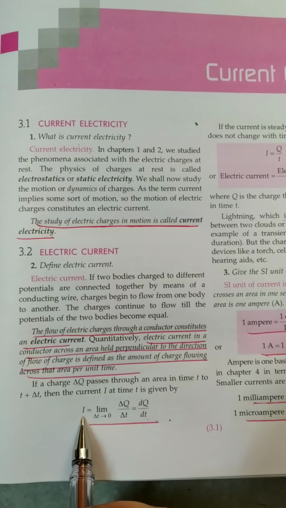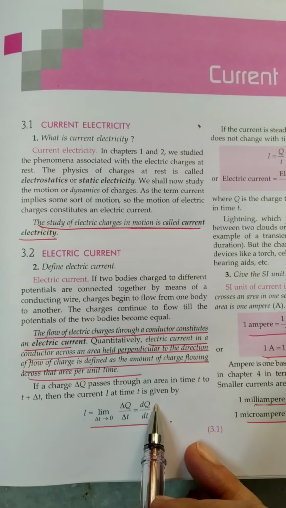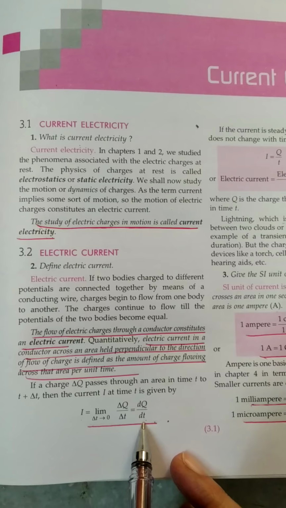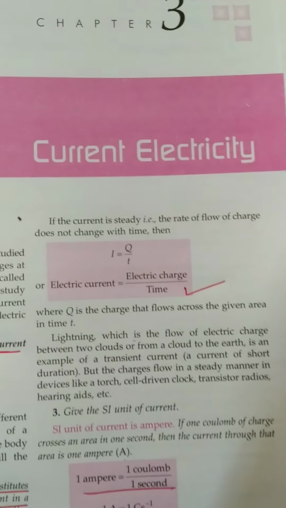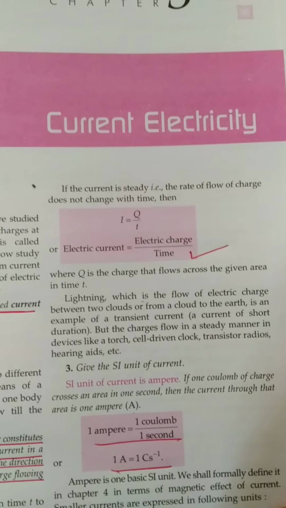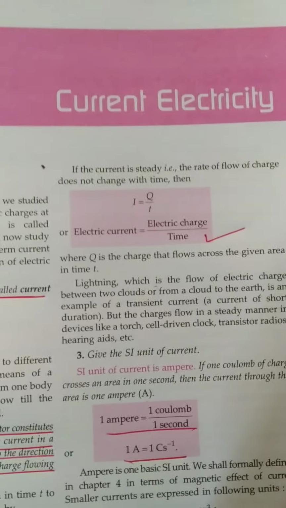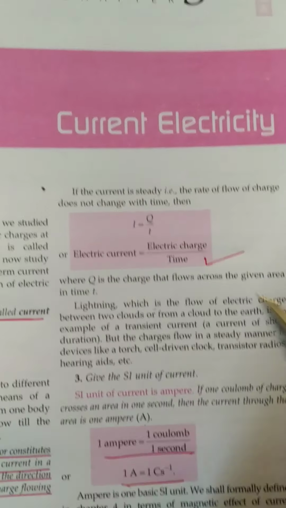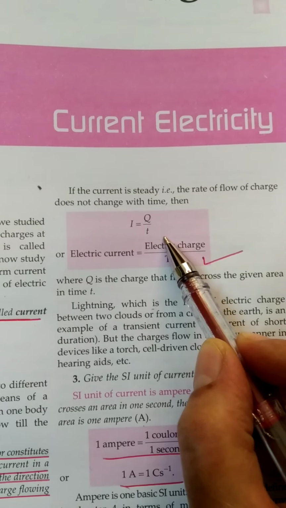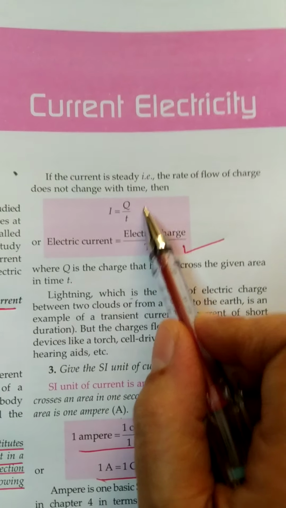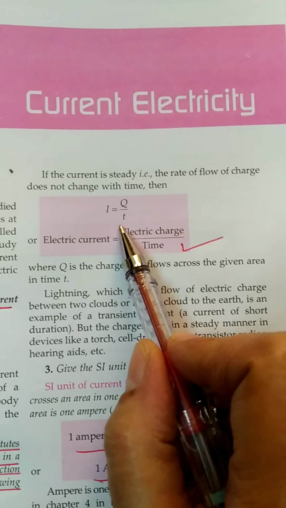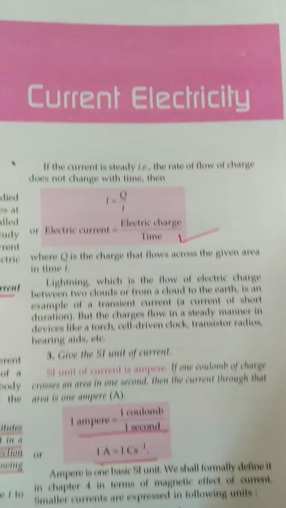I is the current, dq is the small amount of charge flowing in a small time, dt. If current is steady, means the flow of charge does not change with time, then I is equal to q by t. I is electric current, q is electric charge, t is time.